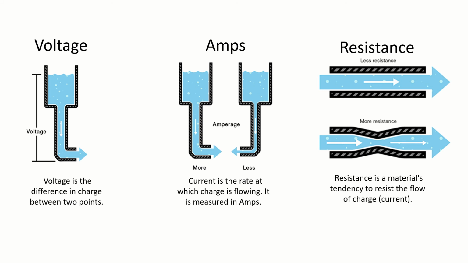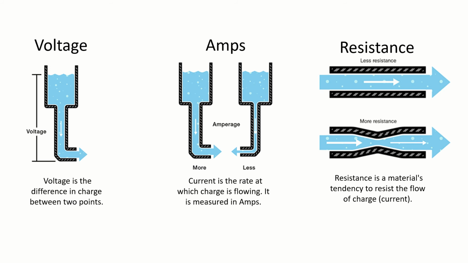Amps. So amps is the unit of measure of current. The definition of current is the rate at which charge is flowing, and it's measured in amps. So if I take the same two tank diagrams, and imagine that the electricity was water, and I have a thick pipe on one side and a thin pipe on the other side, you'll see that there's far more water flowing because the pipe is bigger.